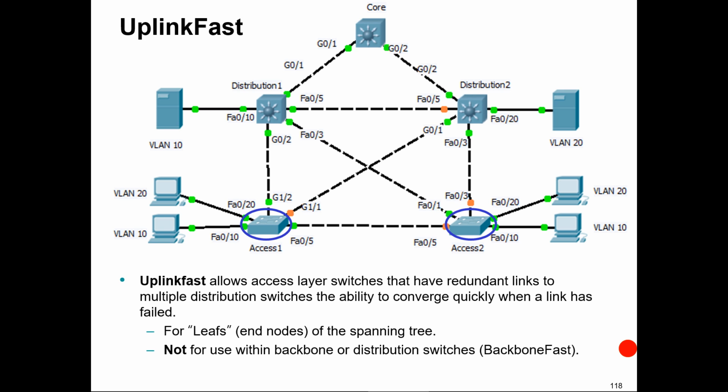Uplink fast is designed for operation only on switches that are leaves or end nodes of the spanning tree. It is not designed to be used within the backbone or distribution. So with that said, leaves are on the end of the spanning tree. They are not to be used within the distribution or backbone area. That's why we have backbone fast.